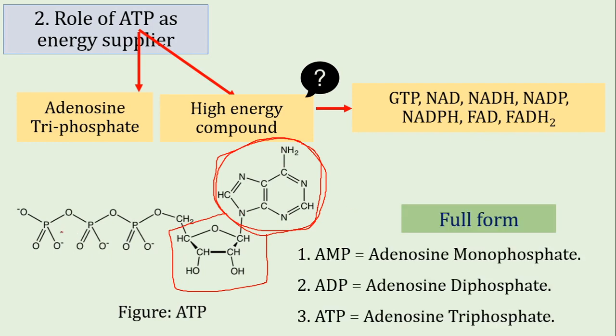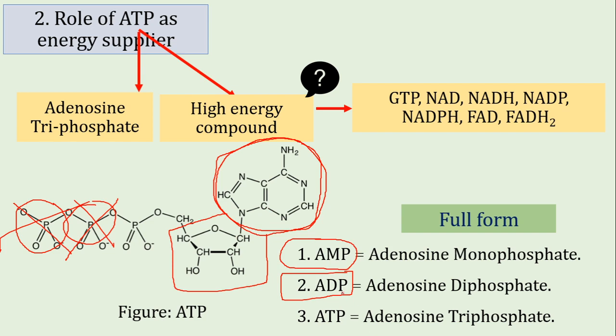But this adenosine triphosphate can release one phosphate group, then there will be 2 phosphate groups remaining, and that will be called ADP, adenosine diphosphate. So if there are only 2 phosphate groups attached with adenosine, that will be called ADP, and if only one phosphate group is attached with it, then that will be called adenosine monophosphate, AMP.